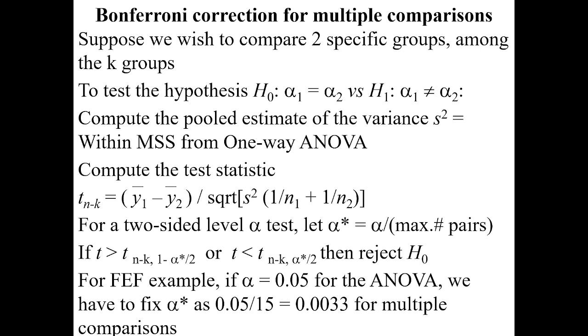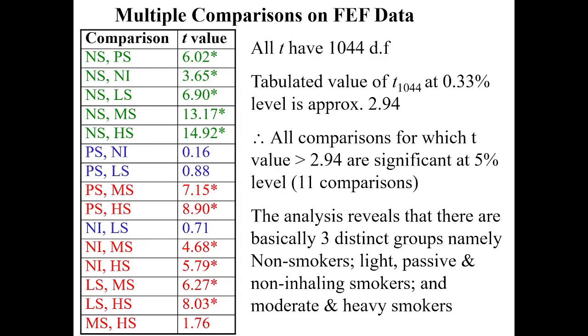You perform the test with the same test statistic as shown above, but don't take the p value upper limit as 0.05. Instead, you have to take 0.05 divided by 15 comparisons, because you compare all possible pairs. So your alpha star is 0.0033.